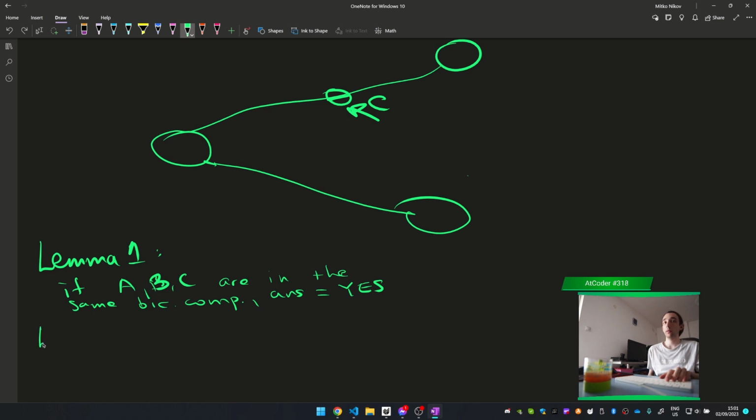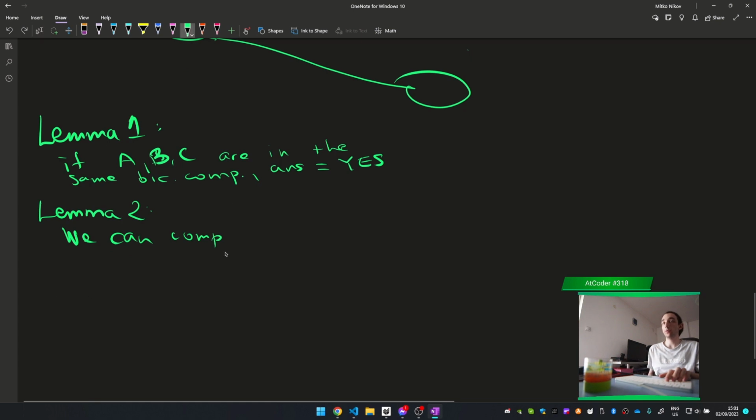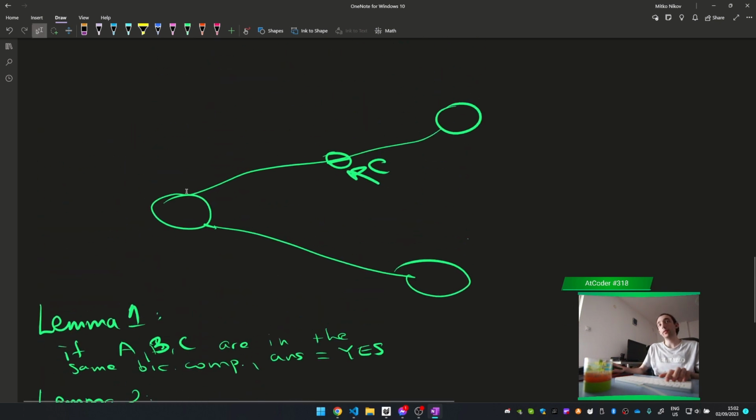So that's lemma two. We can compress biconnected components.